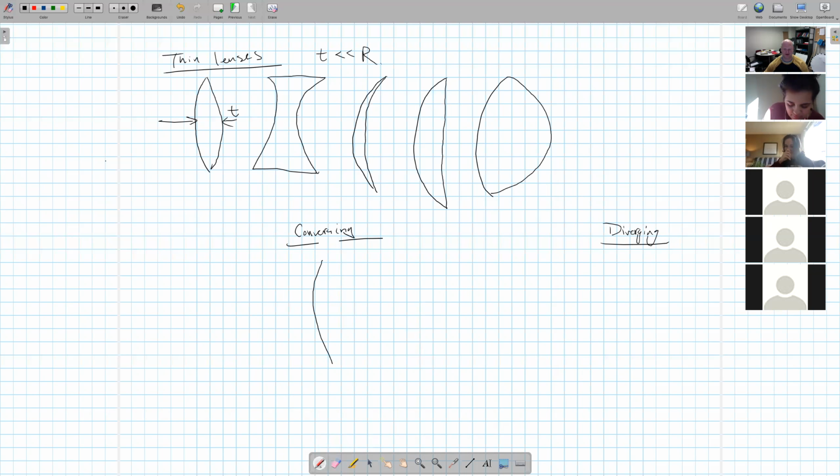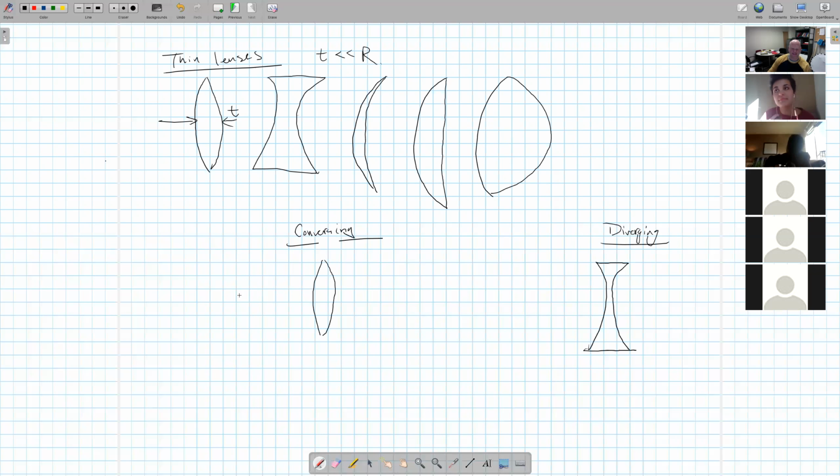There we go. So converging lens, I'm pretty much going to draw something like this. And then for the diverging lens, will look more like the second one here. So it's going to be something more like, wow, I cannot draw right now. Let's try that one more time. There we go. That looks a little bit better. So this is going to be our diverging lens. I'm going to draw it basically this way.